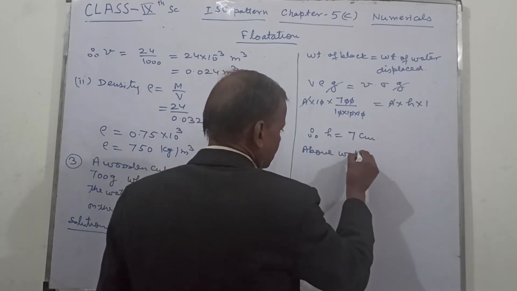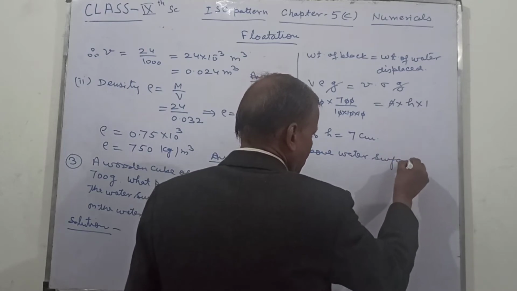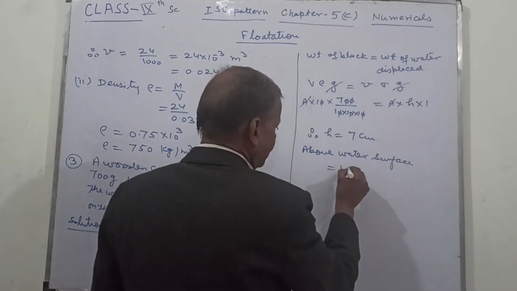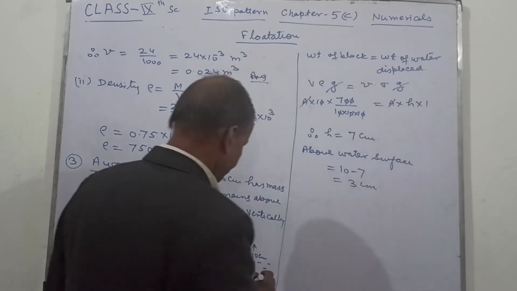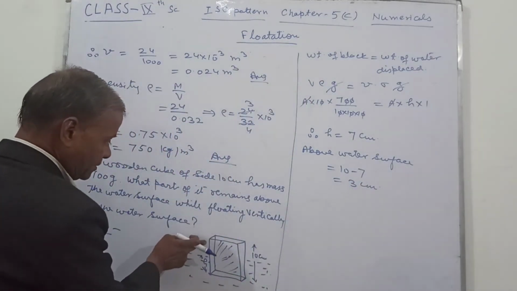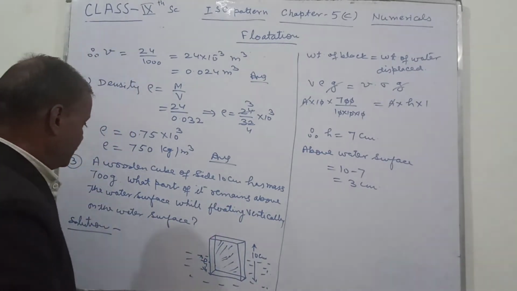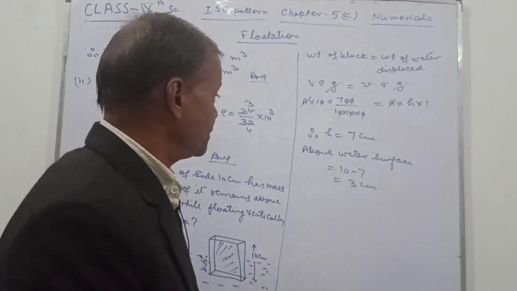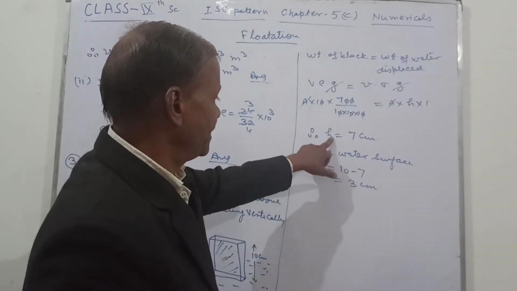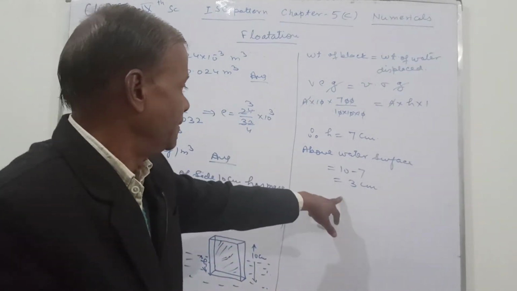This is 10 minus 7, equal to 3 centimeter. So this height will be 3 centimeter. What is being asked is the part that is above the water surface. So inside we have so much, and outside will be so much.